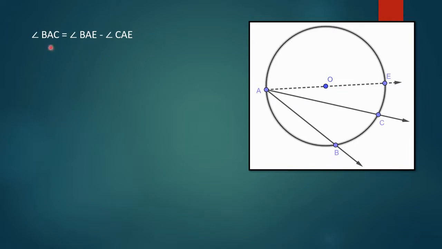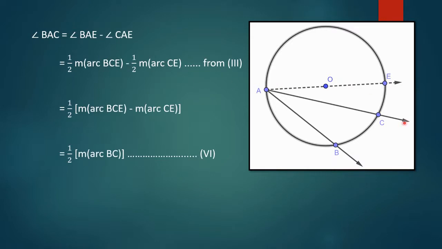In the figure, angle BAC will be equal to angle BAE minus CAE. So if you notice in the figure properly, BAC will be equal to BAE minus CAE. Now from 3, we know that BAE will be half of measure arc BCE and CAE will be half of measure arc CE.